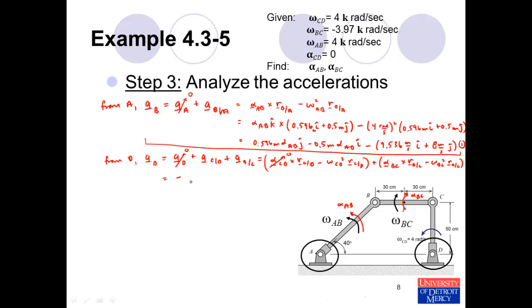is given. So we have negative 4 radians per second squared times the position vector, which is 0.5 meters in the positive j. And then over here, we don't know alpha BC, but we've assumed a direction in the negative k. We cross it with the position vector, B relative to C. So that position, if we draw it from an origin of C to the point B, it has a magnitude of 0.6 and it's in the negative i.